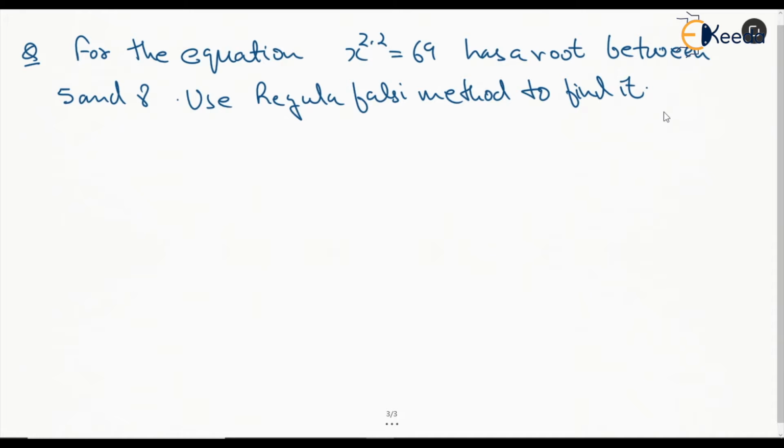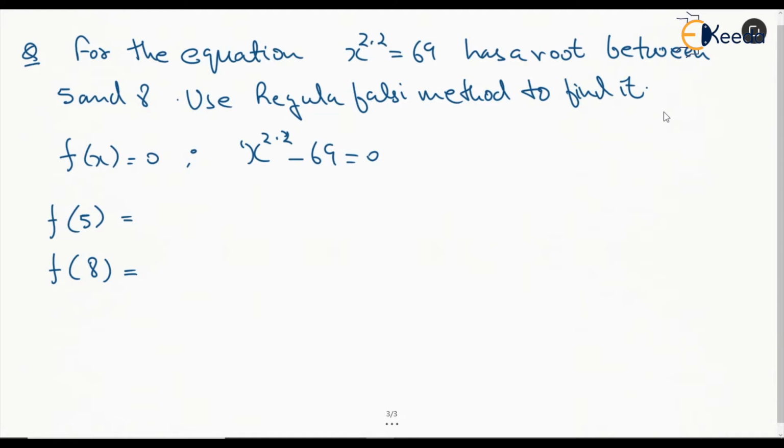So we can say that f of x equal to 0 is actually x to the power of 2.2 minus 69 equal to 0, and we need to find the roots. The interval is also given, so let's see what is the value for f of 5 and f of 8.